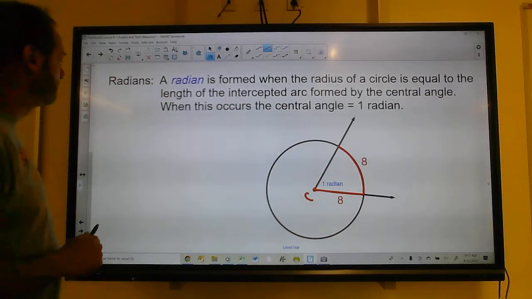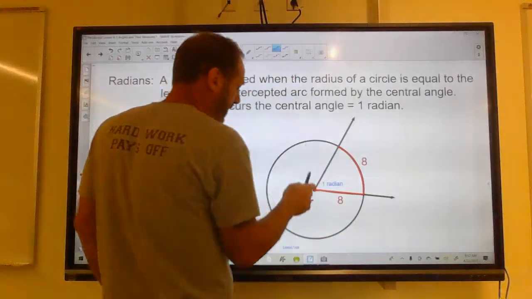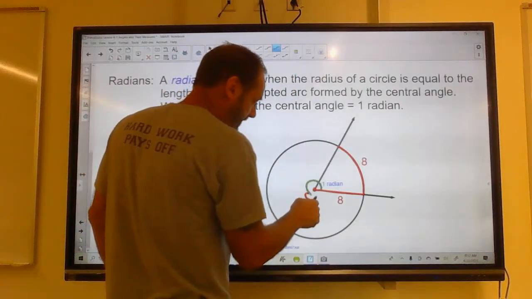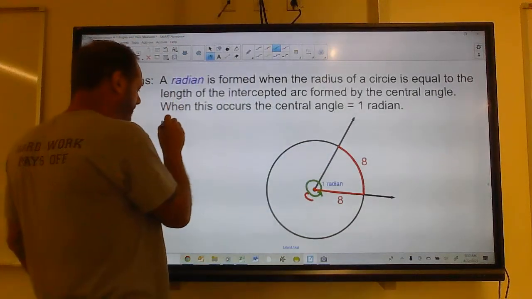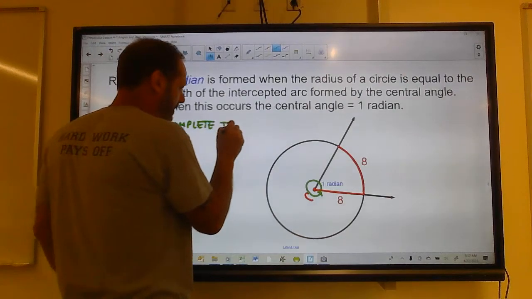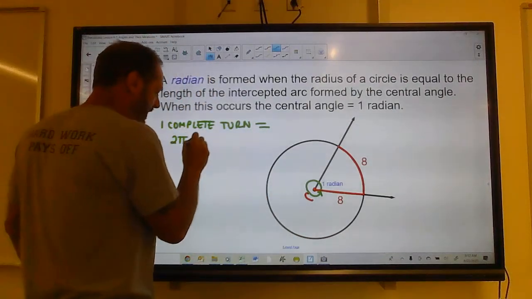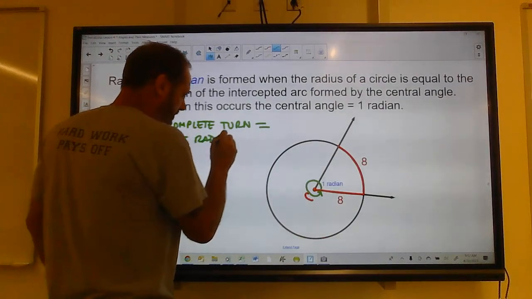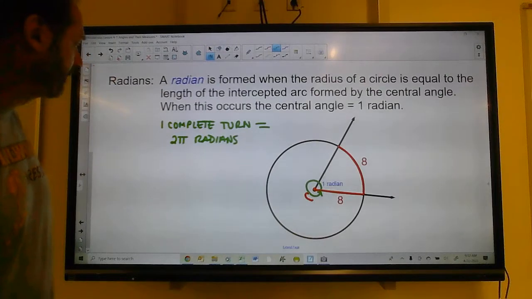And keep this in mind: one complete turn is equal to 2 pi radians, approximately 6.28 radians.